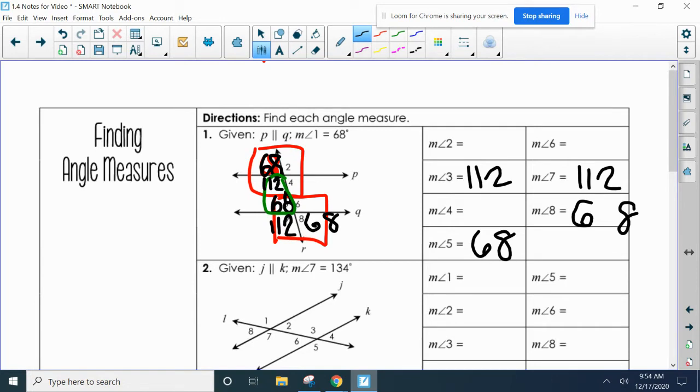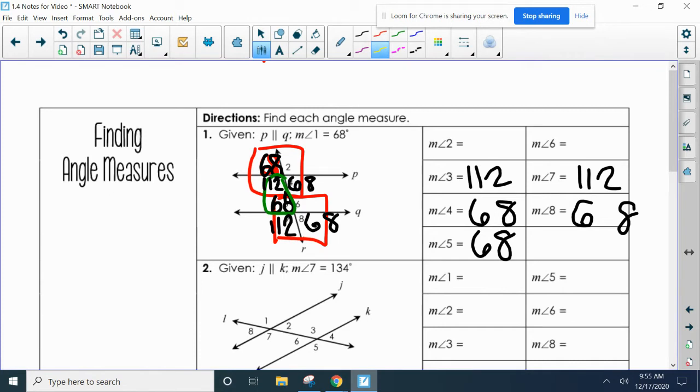I know that 4 and 8 are both in the same spot of their little set of 4, bottom right, bottom right. So 4 and 8 are corresponding. So 68. I know that 2 and 6, well, I don't know what 2 is.